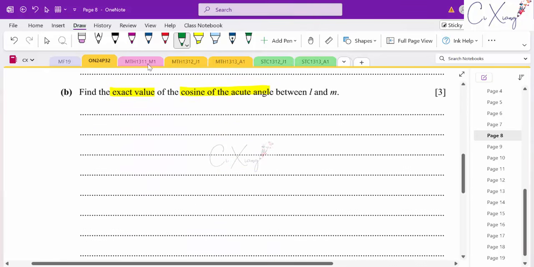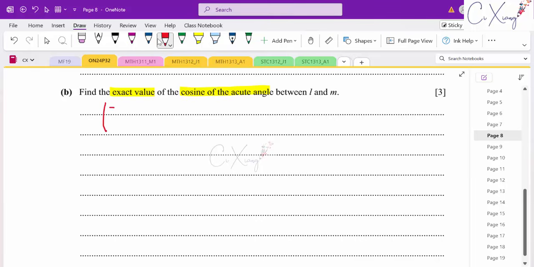So I copy it down here. Let's name the directions first. The direction of L is -1, 0, and 2, dot product with the direction 2, -1, and 5. What is the formula here? It is the modulus of the first direction, which is -1 square plus 0 square plus 2 square, then the modulus of the second direction, 2 square plus -1 square plus 5 square, then cos theta.